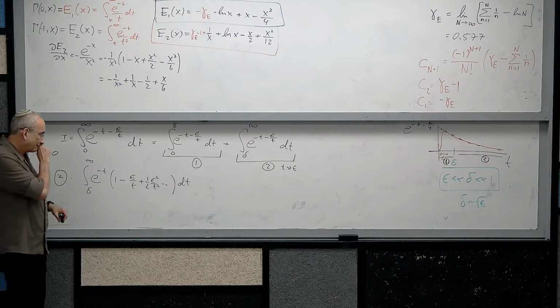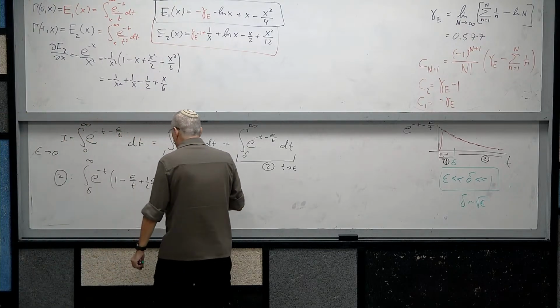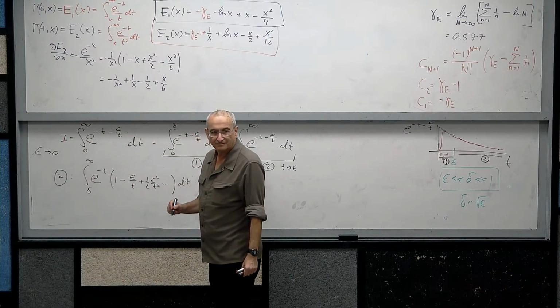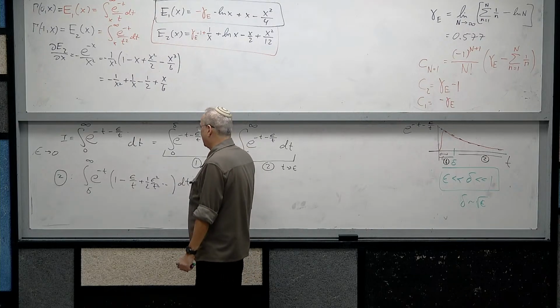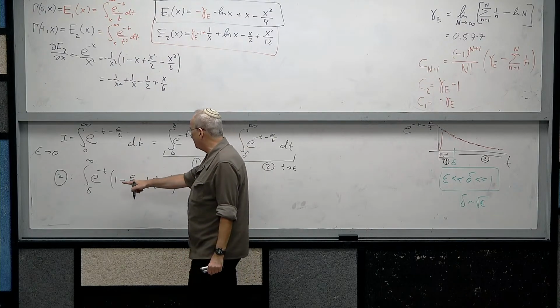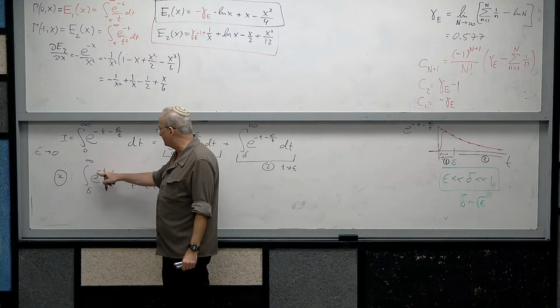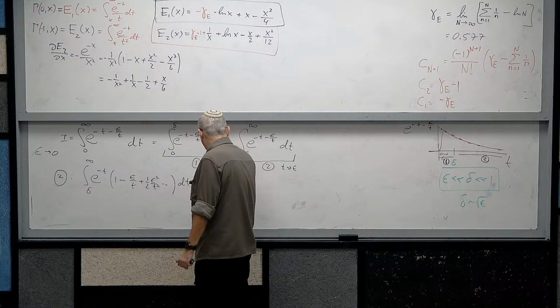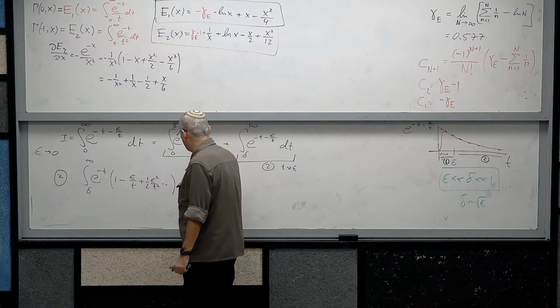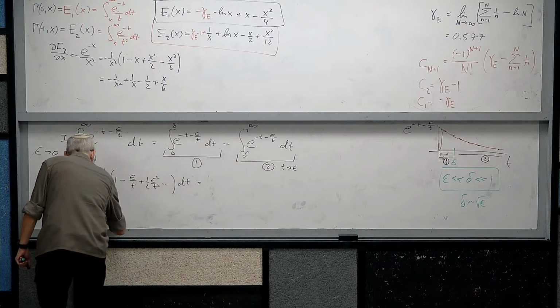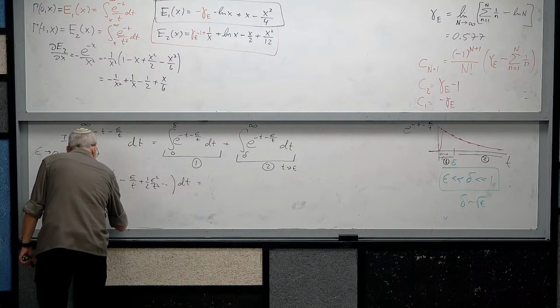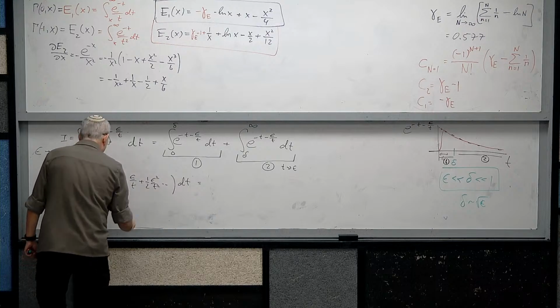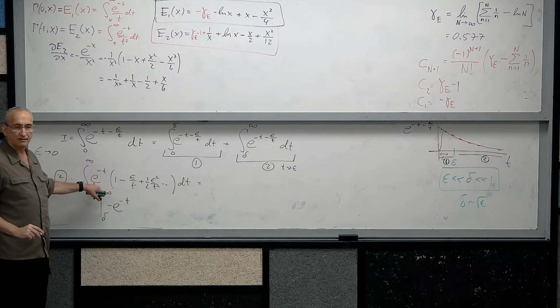Okay? Now we would like to do it term by term. So what we find is that the first integral is the integral from delta to infinity of e to the minus t, only the first thing.